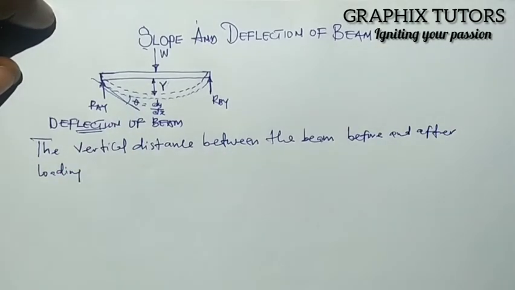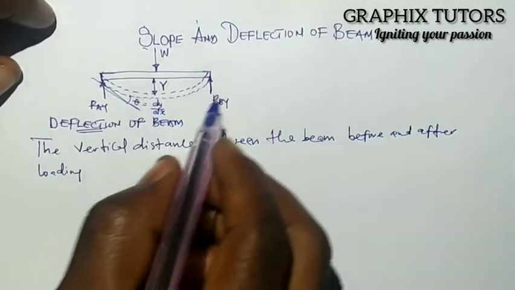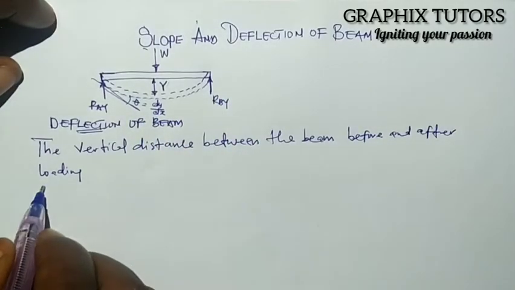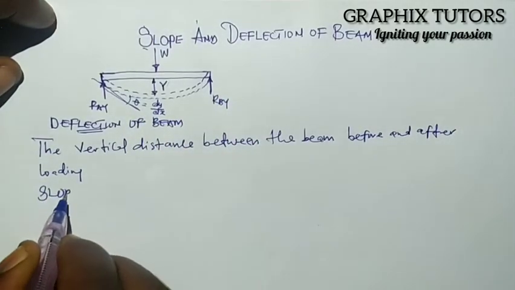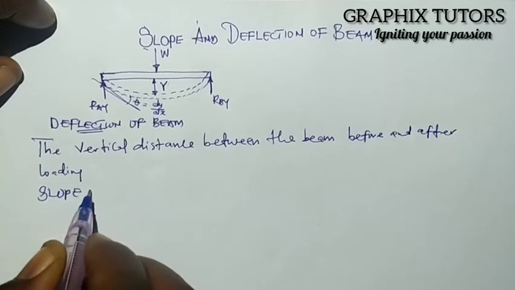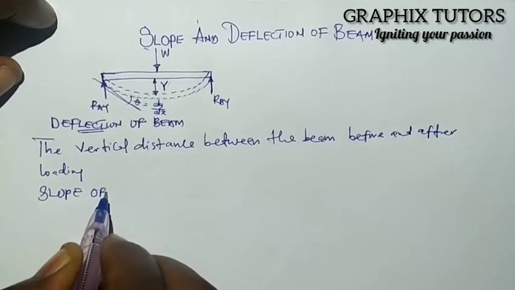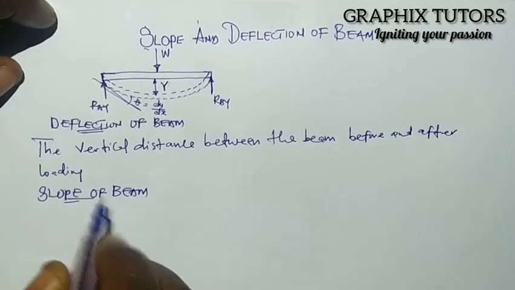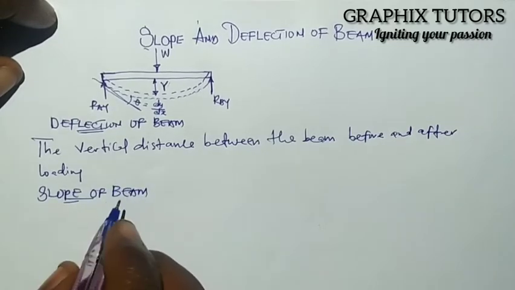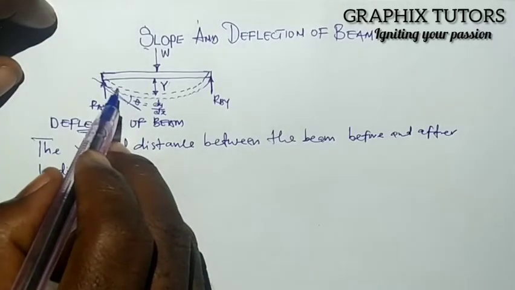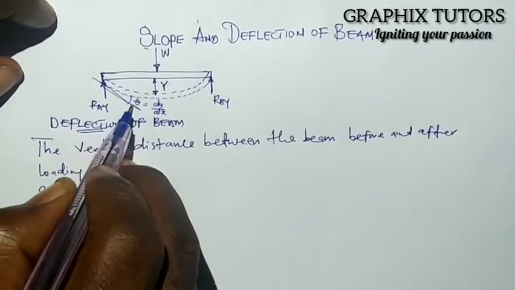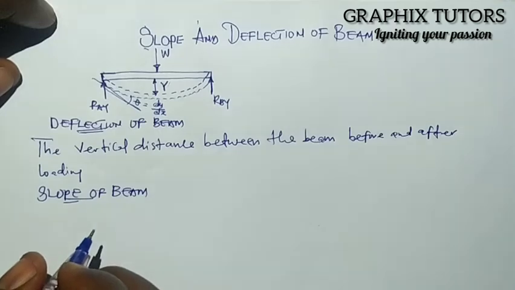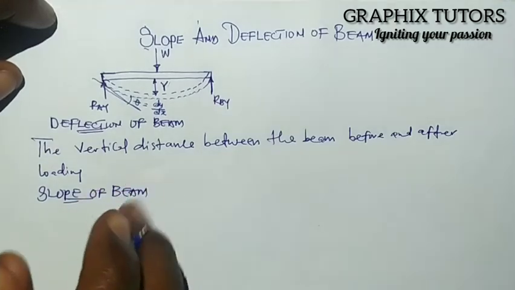The slope of beam is defined as the angle between the deflected beam, this is the deflected beam here, to the actual beam.